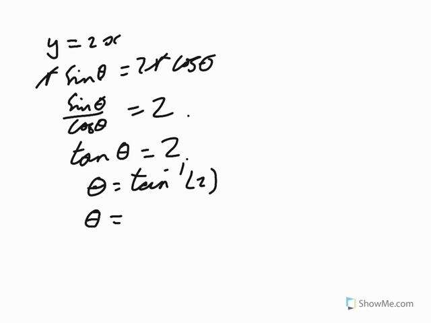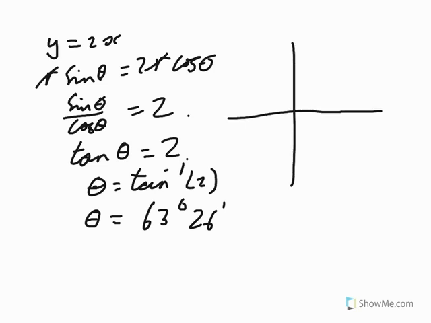And when we do that on our calculator, we find in degrees and minutes it would be 63 degrees and 26 minutes. So any point, doesn't matter what the r is, what the radius is, how far from the pole, but any point that makes that angle is what we are interested in.